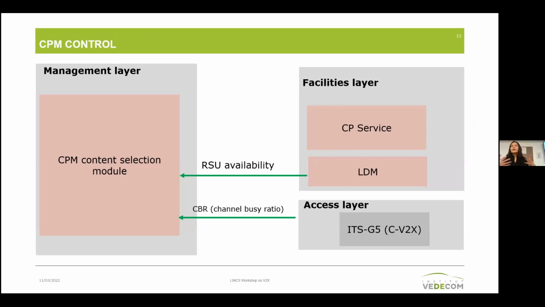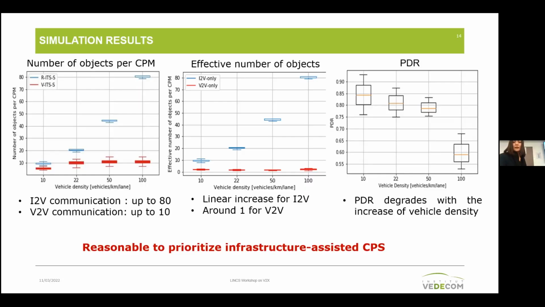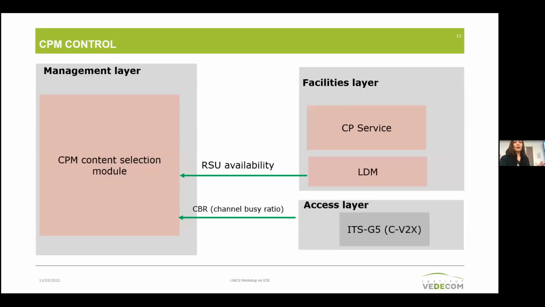So nine objects were redundant. The other vehicles also detected the same objects. The third result again confirms the channel congestion issue: when density increases, the packet delivery ratio decreases. So we say it's reasonable to prioritize infrastructure over vehicles. That's our conclusion.